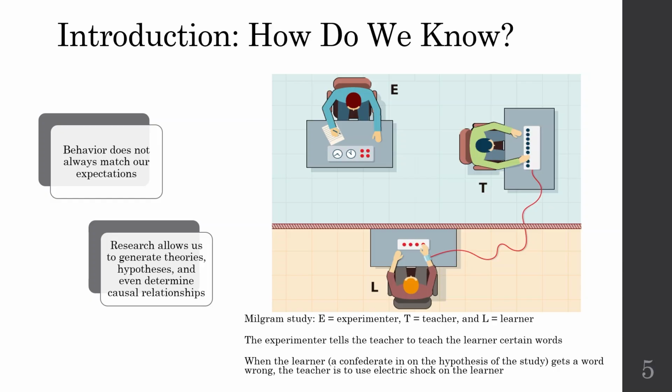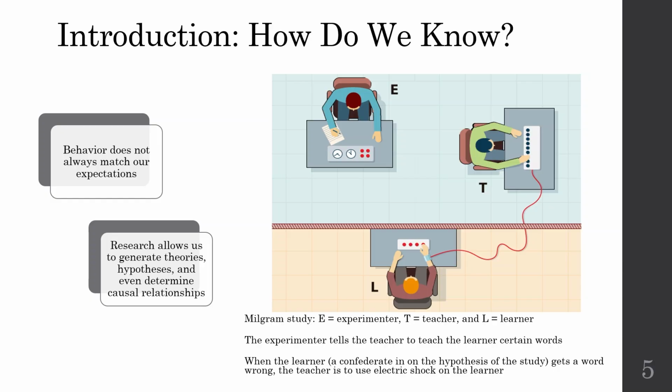I love this example here. If anyone isn't familiar, we have this overarching top-down view of the famous Milgram study. The Milgram study looked at obedience to an authority figure. In this study, the participant was told to continue administering electric shocks to a learner that was answering questions.